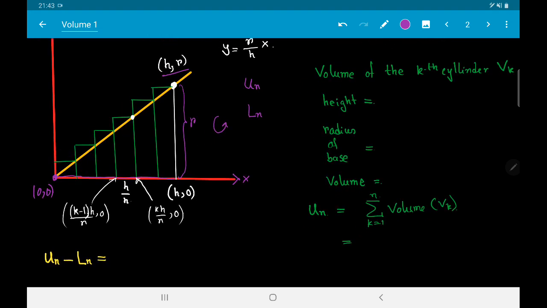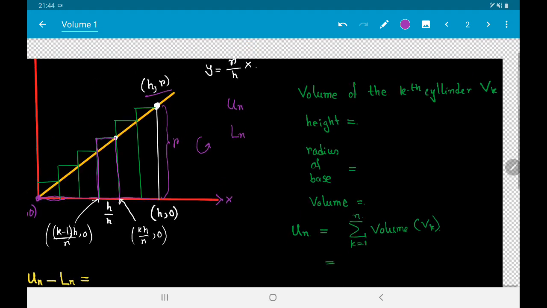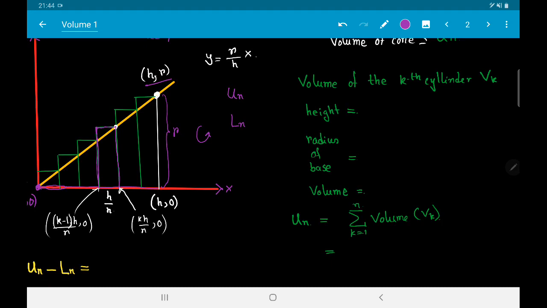What we have done in this picture is that I have divided the base of this region into n equal parts, as is very common in integral calculus. Suppose that I have picked my kth subinterval and the rectangle around it. If I rotate this rectangle about the x-axis, you can see that this is going to give me a right circular cylinder.